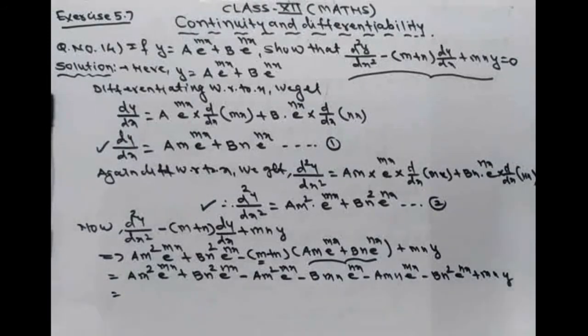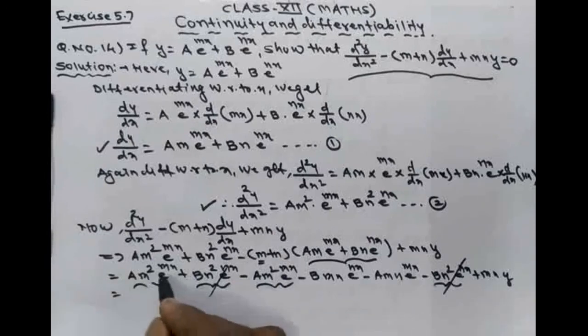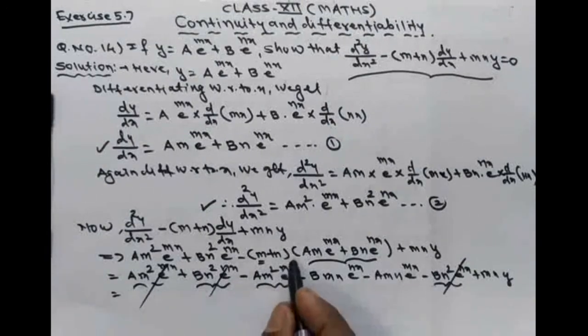So see here what we get. Is there anything which cancels here? b n² e^(nx) and b n² e^(nx), this is cancelled. a m² e^(mx) and a m² e^(mx), this is cancelled.